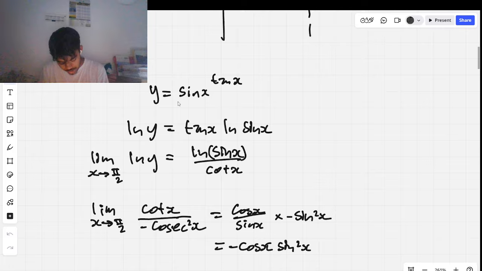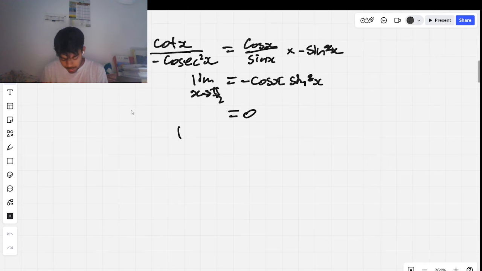The limit of this as x tends to pi by 2: cos is going to go to 0, and sine is going to go to 1. Therefore, it's going to be 0. So we have the limit as x tends to pi by 2 of ln y is equal to 0.